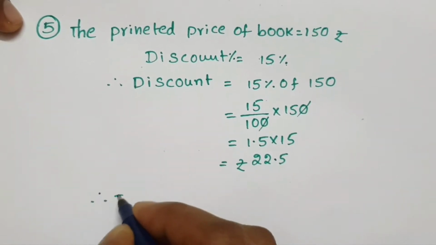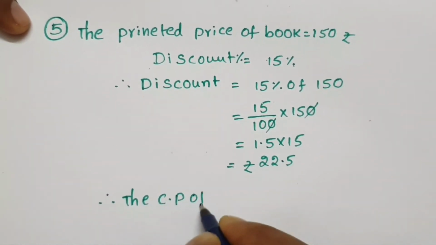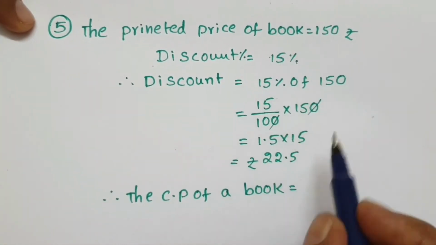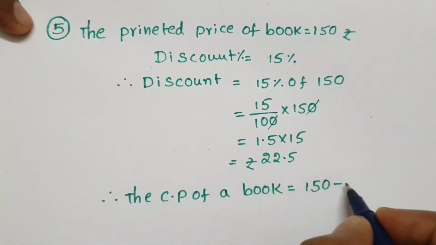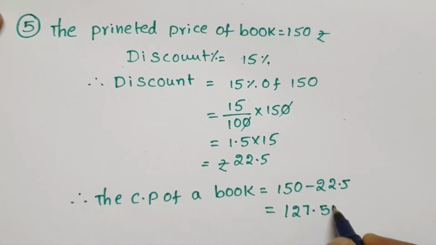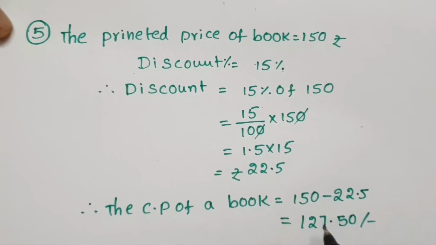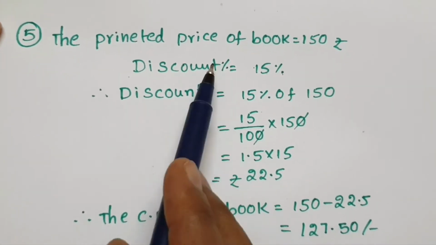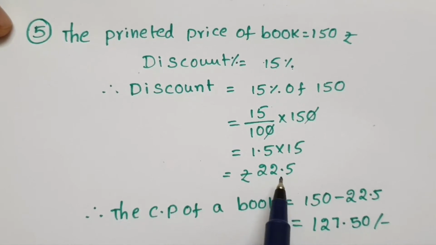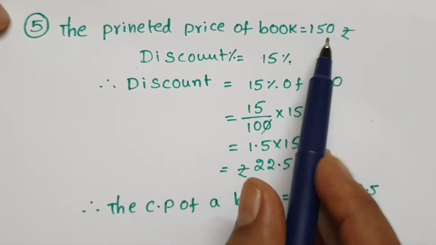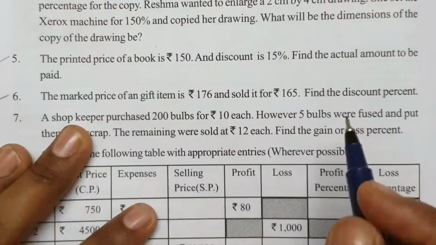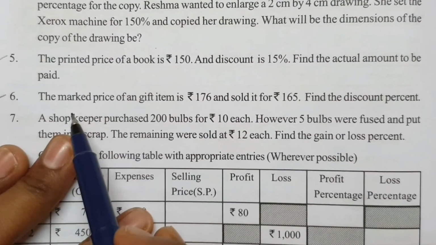Now the CP of the book: the actual printed price 150 rupees minus discount 22.5 equals 127.50 rupees. The discount of 15% amounts to 22 rupees 50 paise. 150 rupees minus 22.5, we get 127.50.